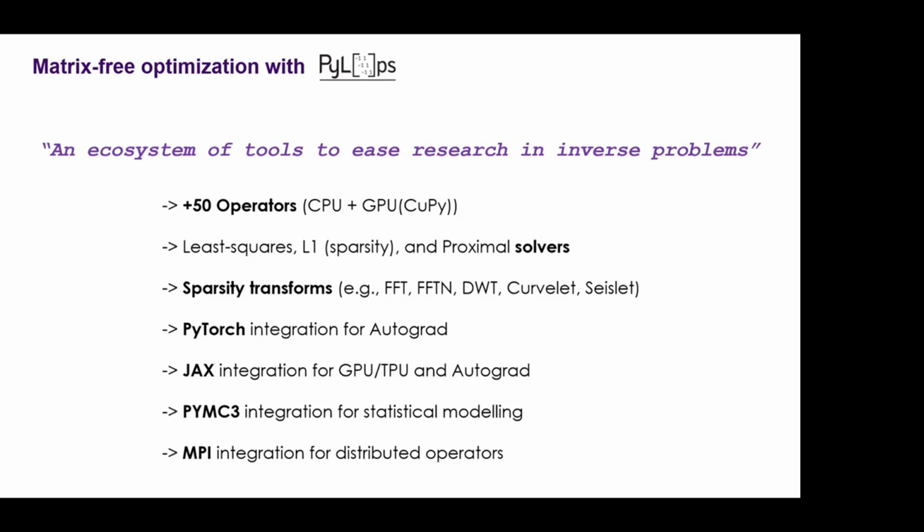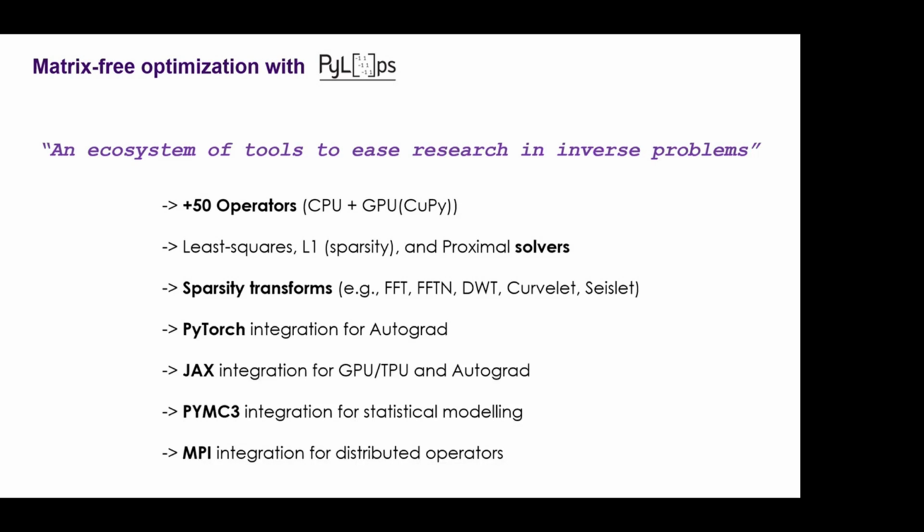So everyone wants to be able to do deep learning. So we provide an integration with PyTorch, the most popular framework for deep learning. So you can take PyLops operators directly into PyTorch, not having to implement all of them natively in PyTorch if you want to solve a problem that has, for example, a physics operator that you already have in PyLops.